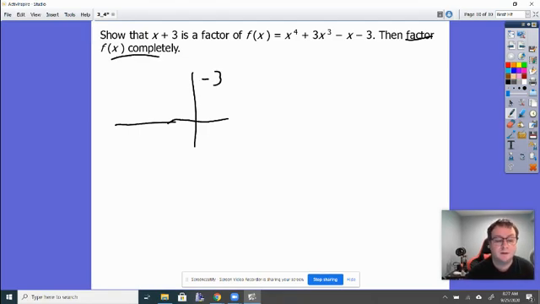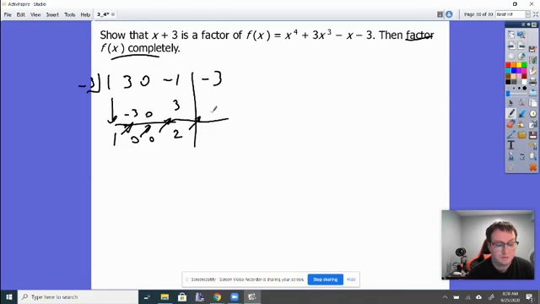So negative 3, negative 1, need to leave a placeholder for that x squared, 3, and then 1, negative 3, because I changed the sign. Drop, negative 3, 0, 0, 0. Oops, wait, hold up.